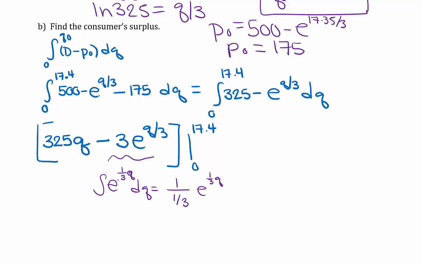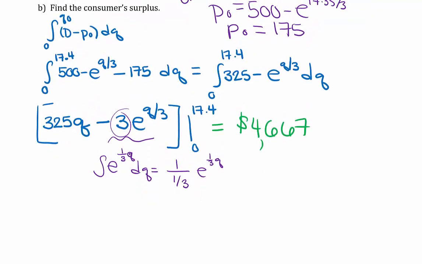Q over 3 is the same thing as 1/3 times Q. So this is like an e to the kx using my formula 1 divided by k. So 1 divided by 1/3. That's where the 3 came from. And then the e to the Q over 3. I plugged in the bounds of integration, and I ended up getting approximately $4,667.